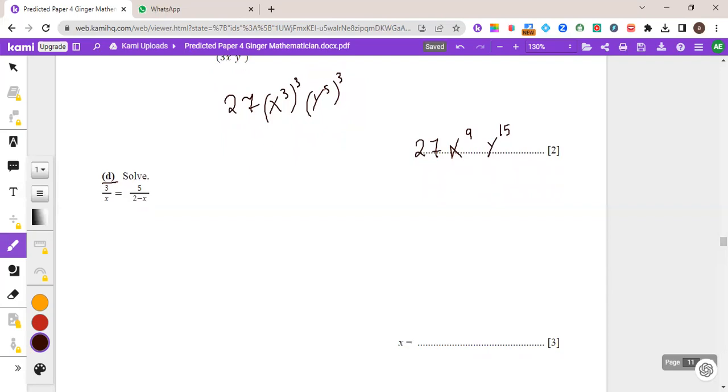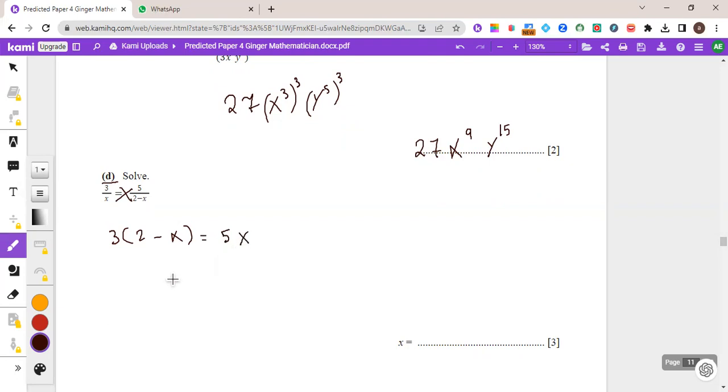Mariam, solve 3 over x over 5 over 2 minus x. Make cross multiply. 3 multiplied by 2 negative x and x multiplied by 5.